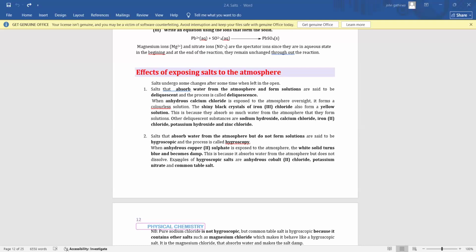Heat the solution to saturation and allow it to cool to obtain sodium hydrogen carbonate crystals.